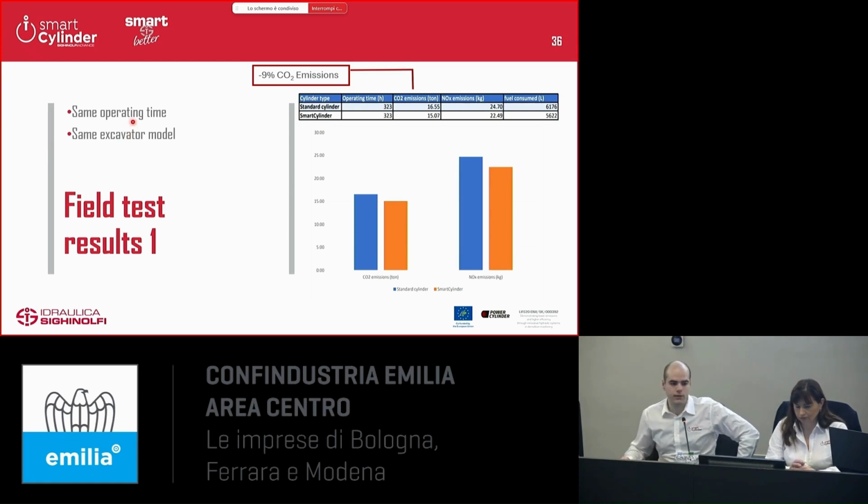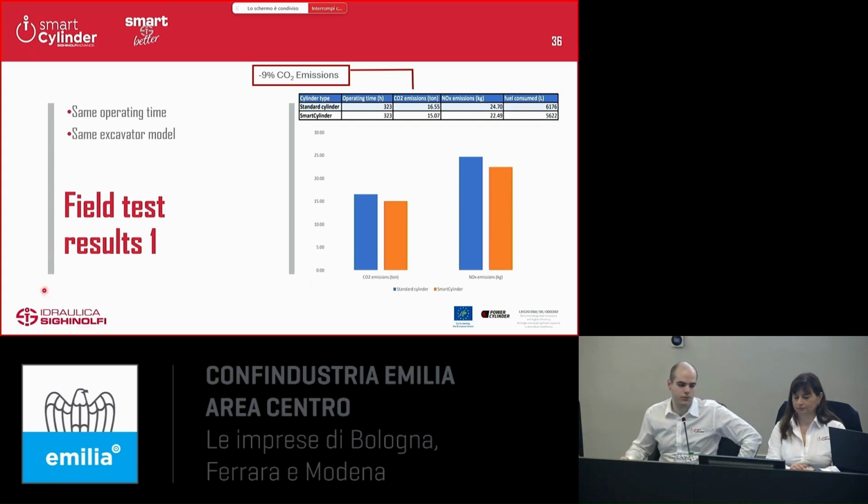The first one is considering the same operating time. As you can see here, we have the same working hours with same excavator model. So in this condition, we have a reduction on CO2 of 9%. So it's very good result according to us.